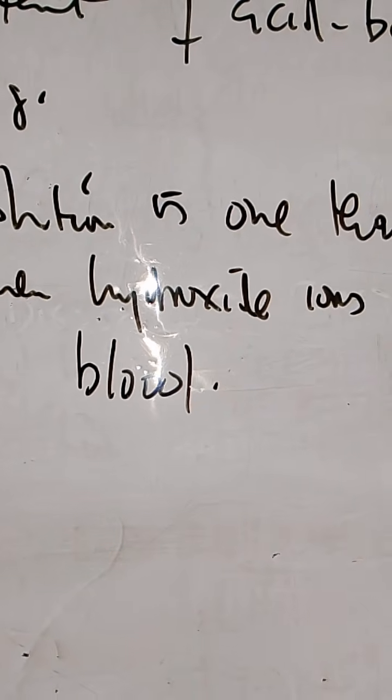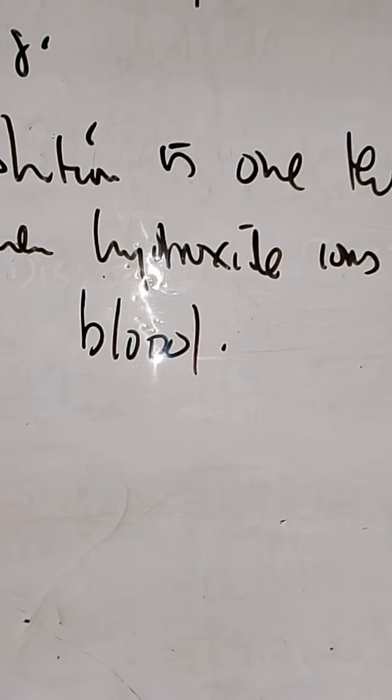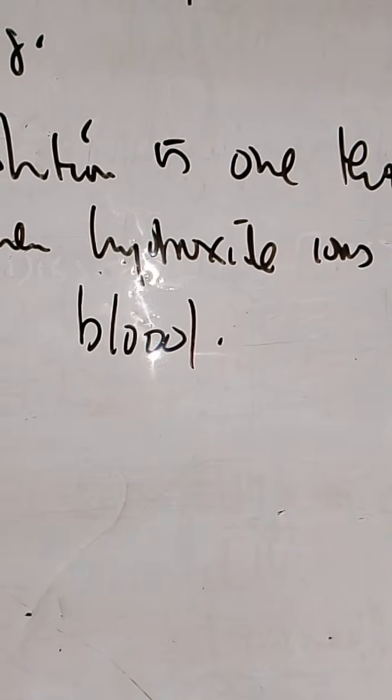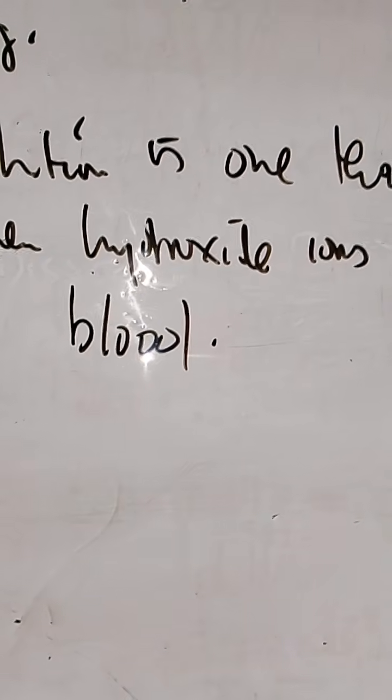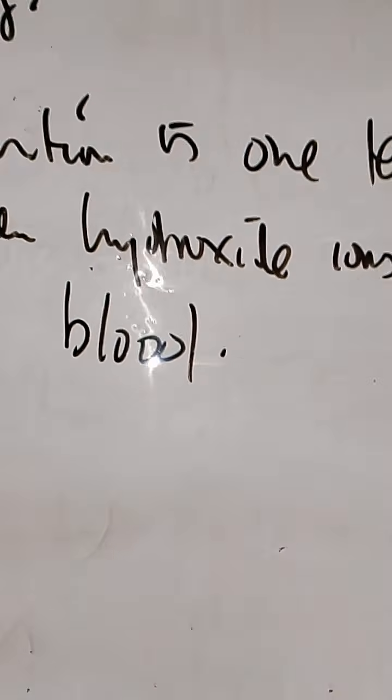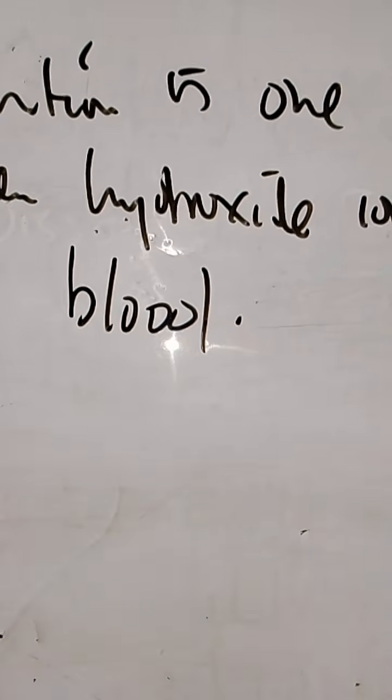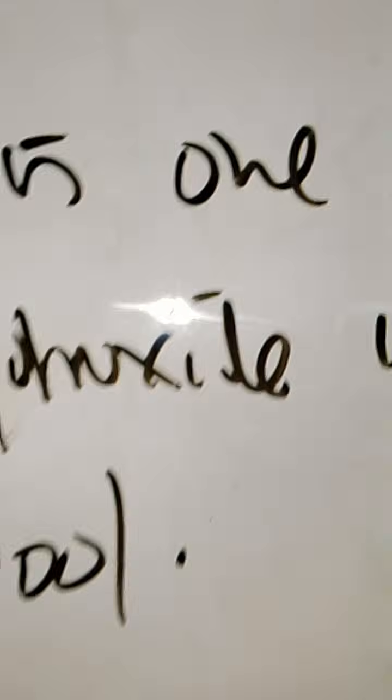We know that a constant pH for blood is vital because cells can survive only in a very narrow pH range.